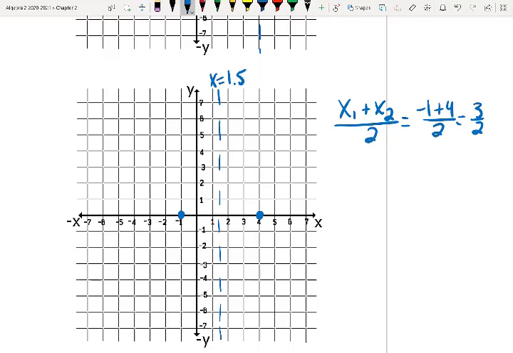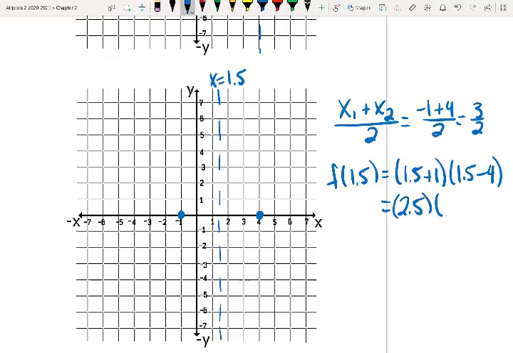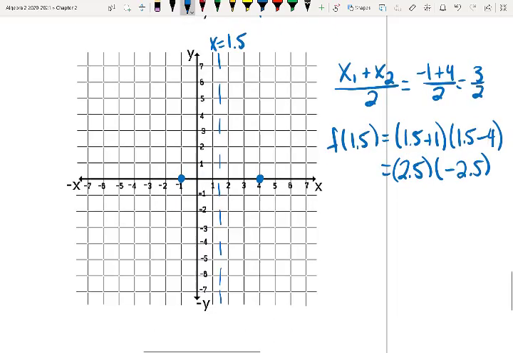Now, going back to my formula, again, I have to plug that in to find the y value for my vertex. F of 1.5 is equal to 1.5 plus 1 times 1.5 minus 4. So that is 2.5 times -2.5. Fun stuff.